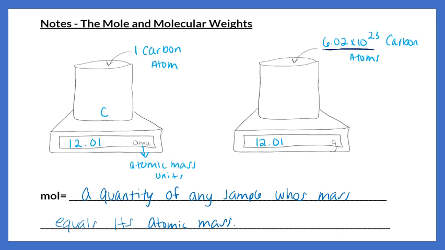So 6.02 times 10 to the 23rd carbon atoms is 12.01 grams. One carbon atom weighs 12.01 atomic mass units, so 6.02 times 10 to the 23rd weighs that same number in grams. And that works for carbon atoms, for hydrogen atoms, for H2O molecules, for anything. That's why this number, Avogadro's number, is so important.